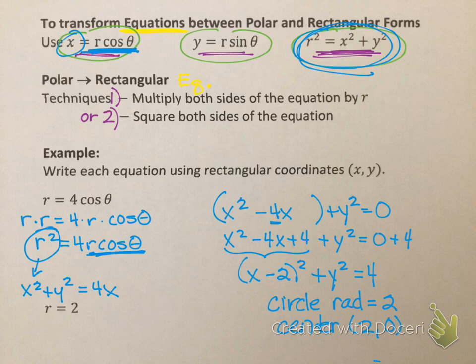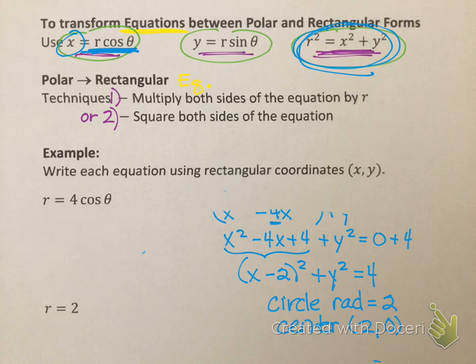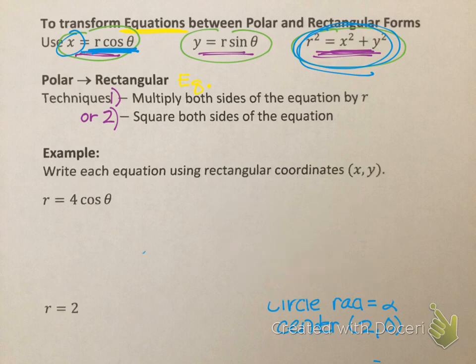All right, let's do another one. Bottom left-hand side of the page, we have that r is equal to 2. Well, let's try squaring both sides again.